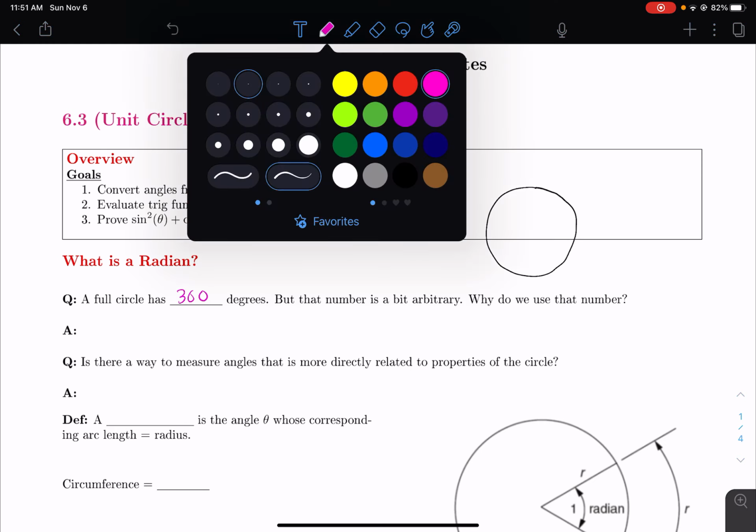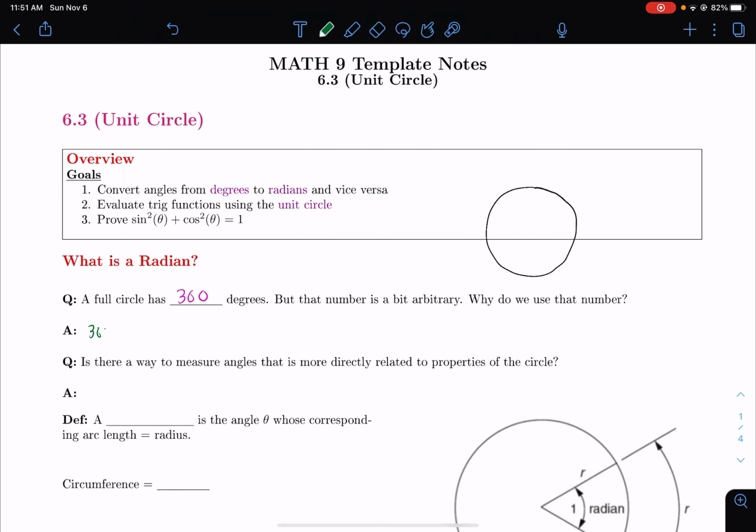The answer is that 360 is evenly divisible by a lot of numbers. A lot of numbers evenly divide 360, and that's nice for breaking it up into a bunch of different sized pieces. Okay, but that number itself is kind of arbitrary. There's nothing directly relating 360 to that circle.